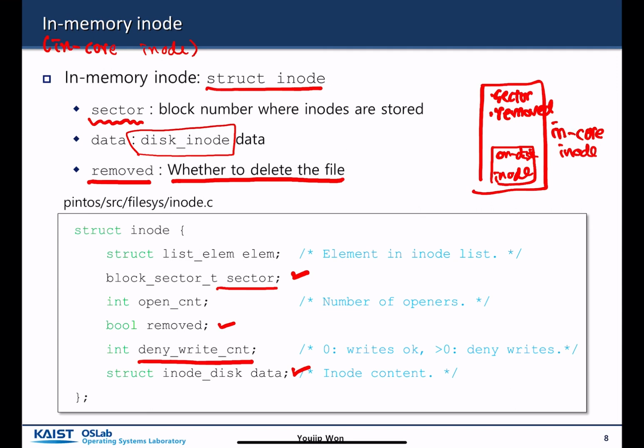In that case, the file cannot be modified until none of the processes are accessing the file. So for those reasons, the file system defines a deny write count, not a deny write flag. And the last thing, there is open count. It represents the number of processes or open system calls that have opened a given file. So that's the structure of in-memory inode.